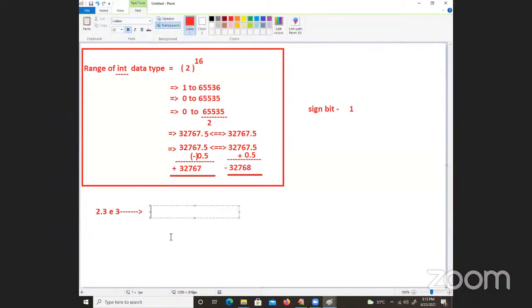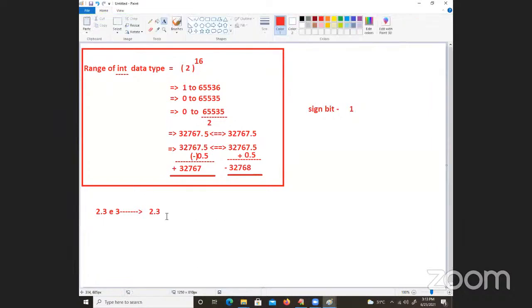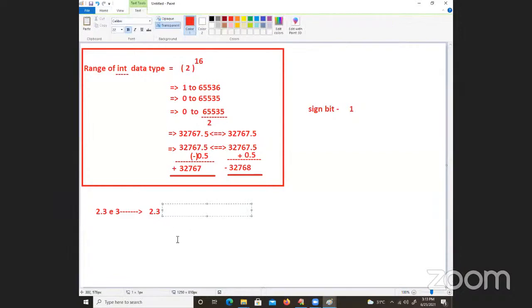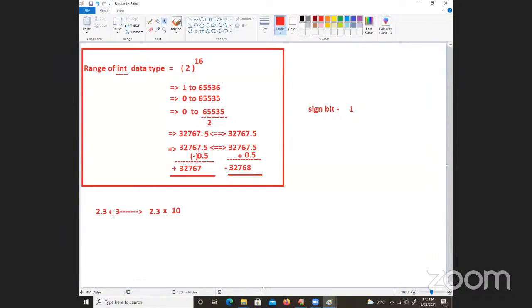This is taken as 2.3, and it is internally computed as 2.3 into 10 to the power of 3. This E is the exponential series, E to the power of X series.